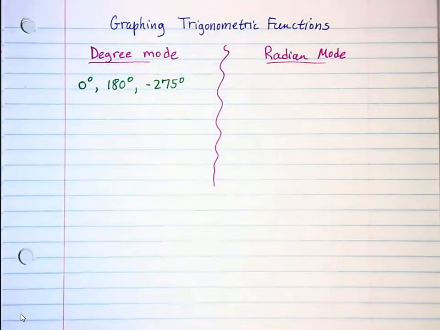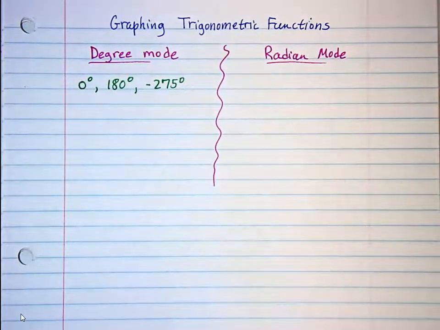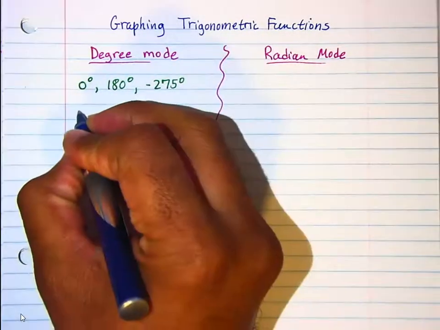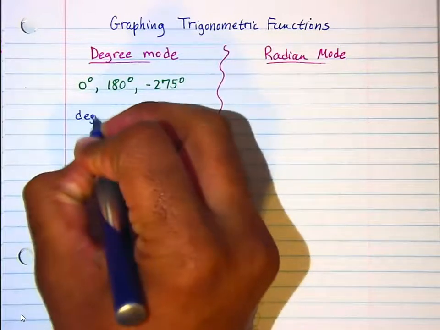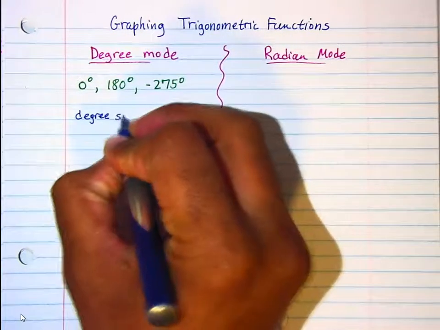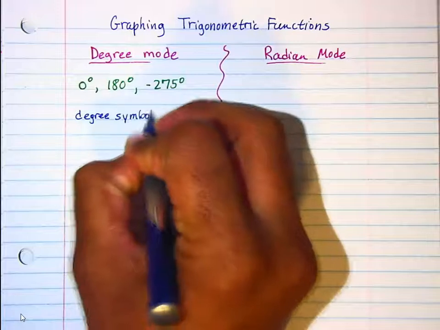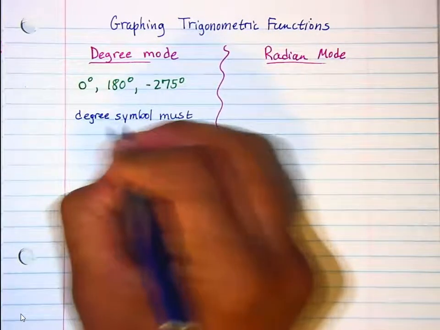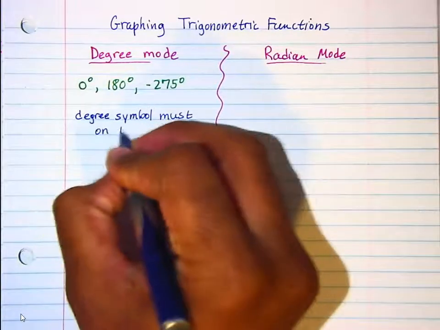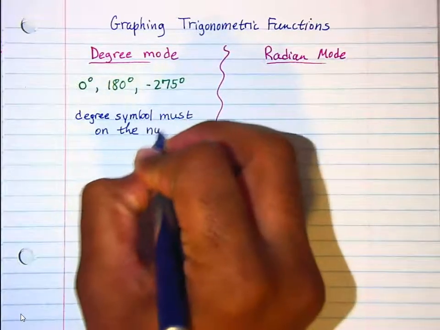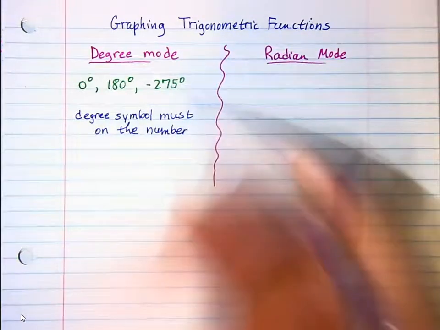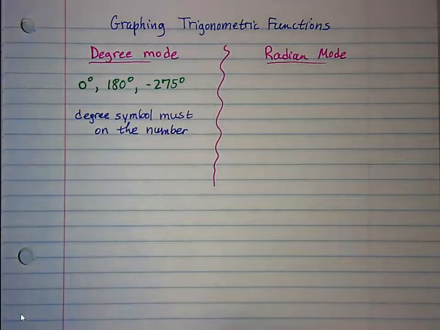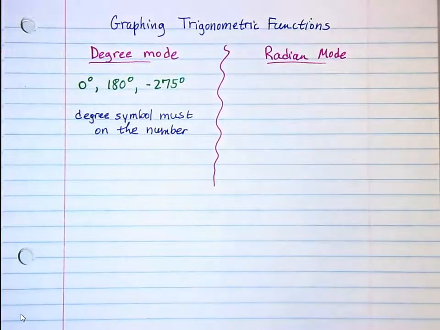But what's going to distinguish this from everything else is that there will always be a degree symbol. It must be there. The degree symbol must be on the number, because if the degree symbol is not on the number, then it's not degree. It's considered radian.